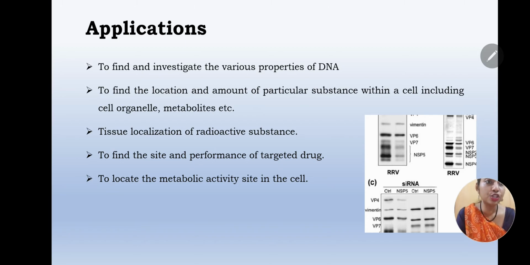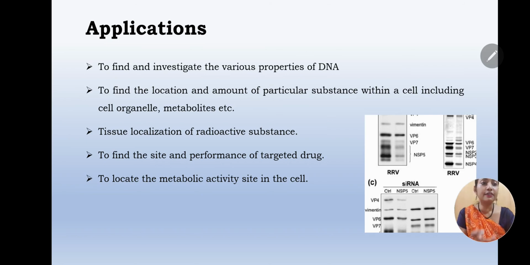Here in the image, you can see the autoradiograph of various genes, especially the viral proteins which are labeled as VP6, VP7, VP4. Wherever you see black bands, we can infer that the DNA is present in that region, and the intensity of the band color indicates the activity.